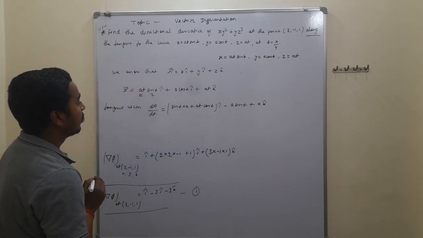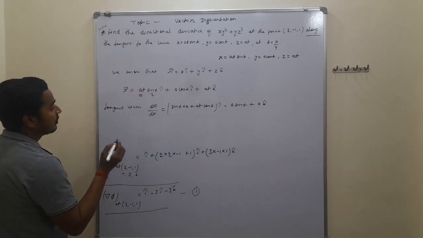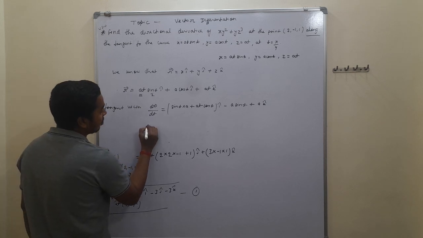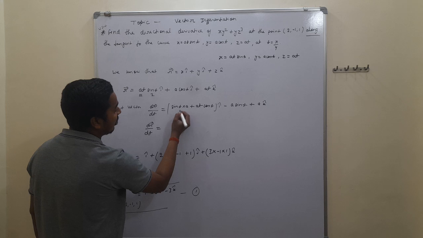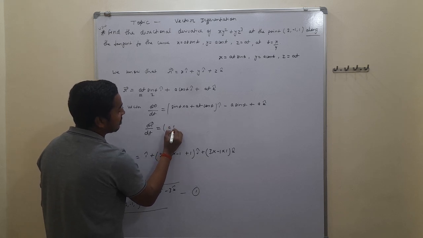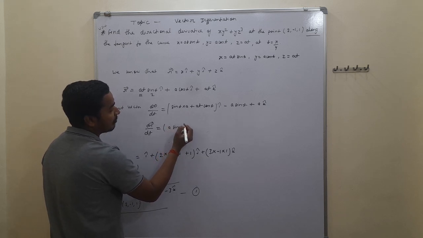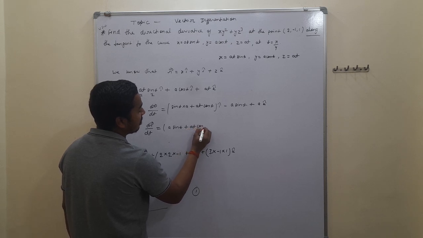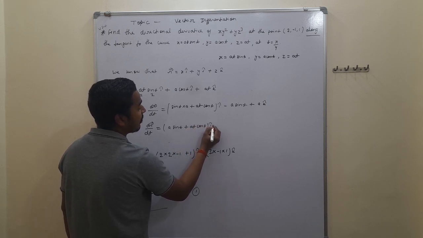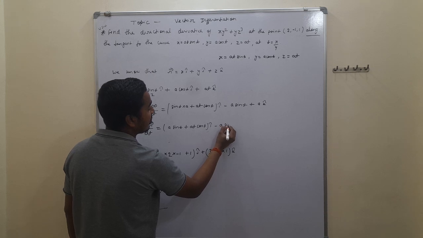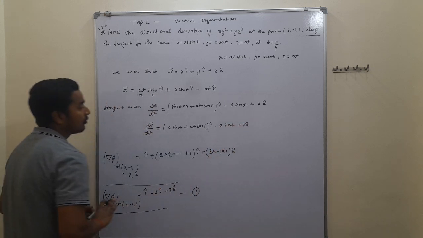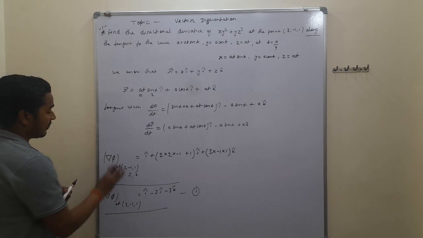Once again we can write dr upon dt is equal to a sin t plus a t cos t, this is i cap, minus a sin t, and plus a k cap.